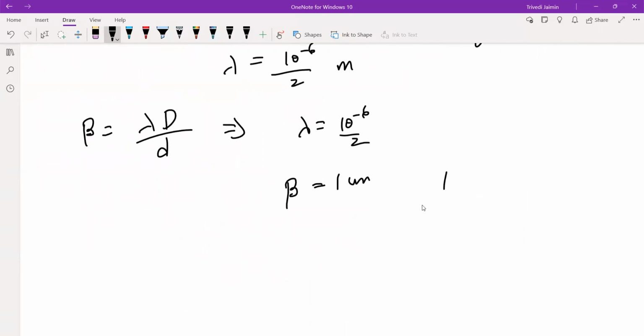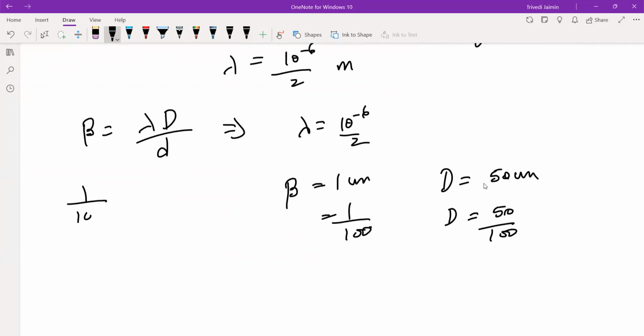D, the distance, is 50 centimeter. So 1 by 100 equals 10 to the power minus 6 by 2d into 50 by 100.